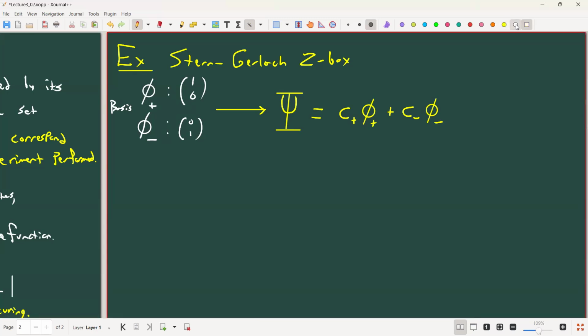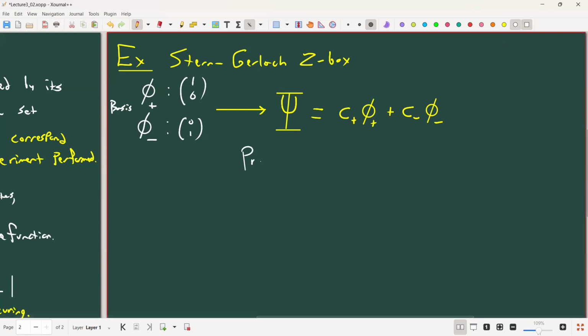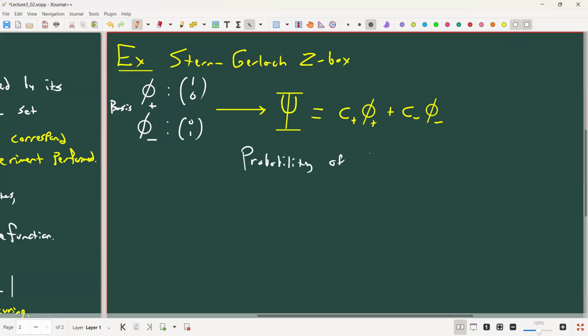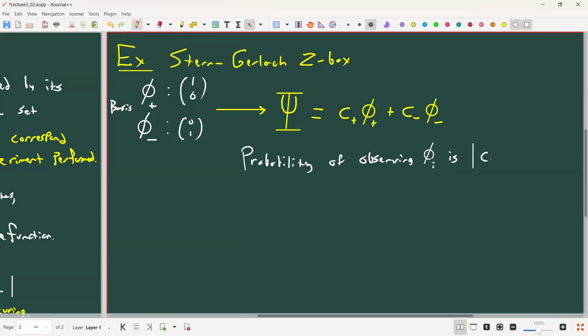And these have some properties. The probability of observing phi plus, or phi sub i, whichever one it is, is C sub i squared.